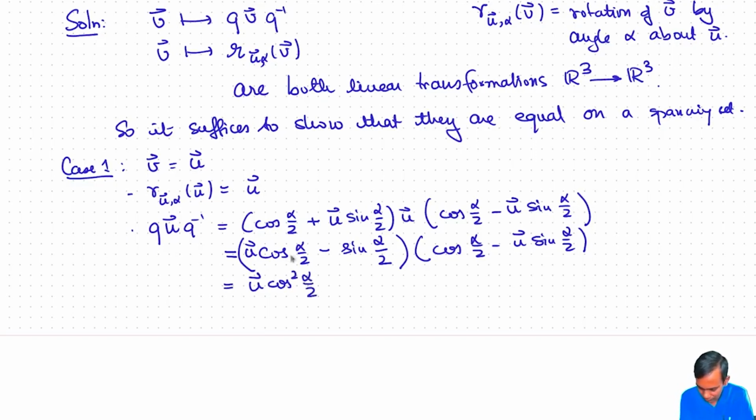That's the first term. And then you'll get u times u multiplied by cos alpha by 2 sine alpha by 2 with a negative sign. So that u times u gives just minus 1, so we'll get a plus sign now, and we'll get cos alpha by 2 sine alpha by 2.